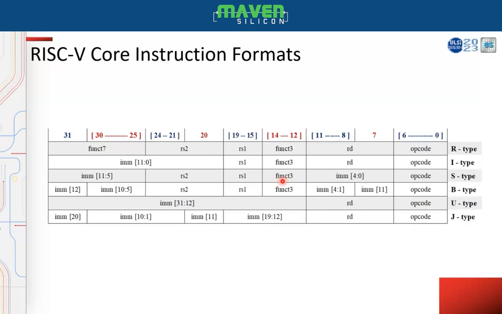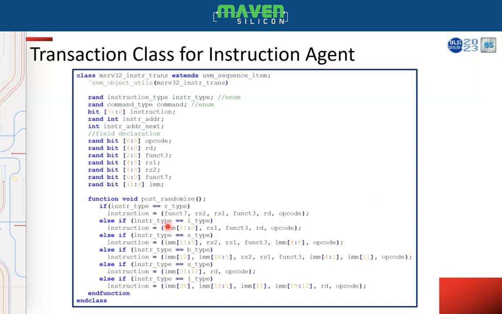So we cannot generate a complete 32-bit instruction at a time. We have to generate each field separately depending upon the instruction, and finally concatenate the various fields to generate the 32-bit instruction. That is exactly what we are going to do in our transaction class definition.